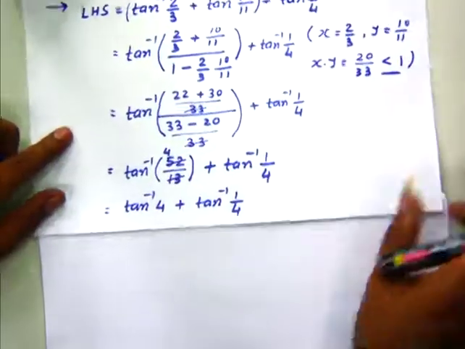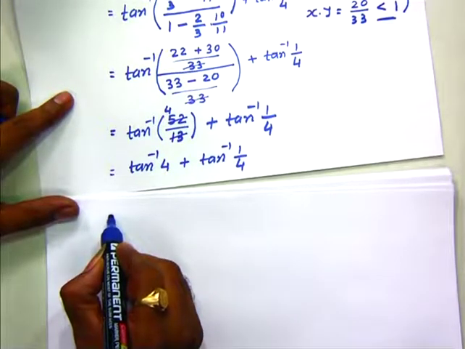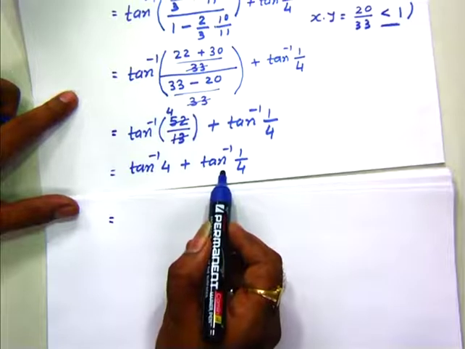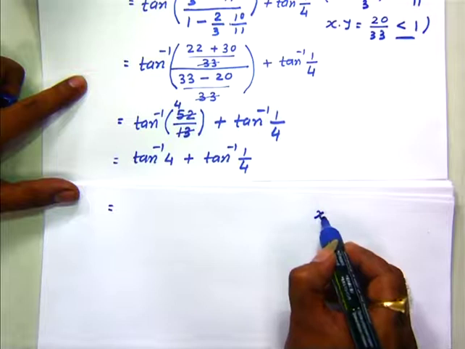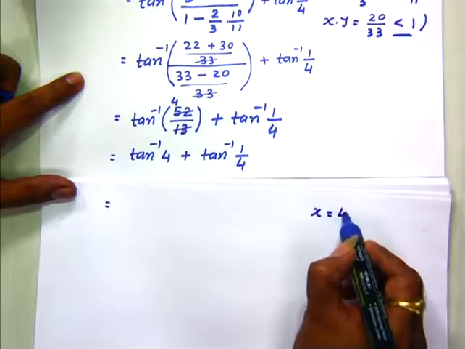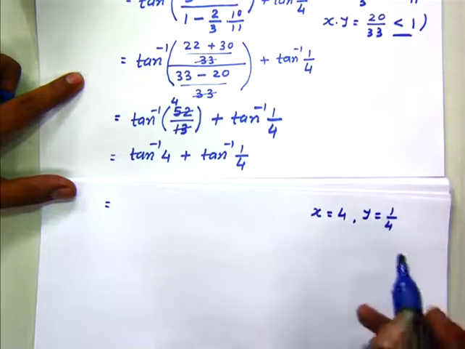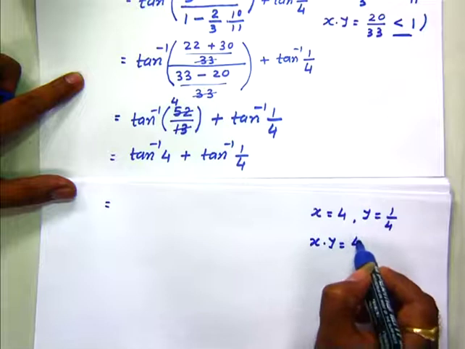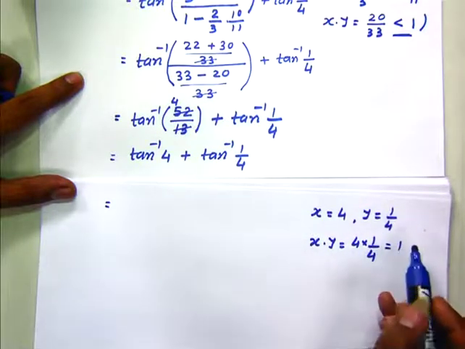Now see, we have to use the tan inverse x plus tan inverse y formula, but before we use it, we have to check the condition. Here x equal to 4 and y equal to 1 by 4. Now x into y is equal to 4 into 1 by 4, this is nothing but 1.